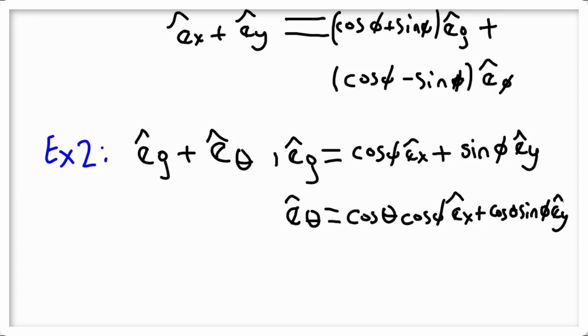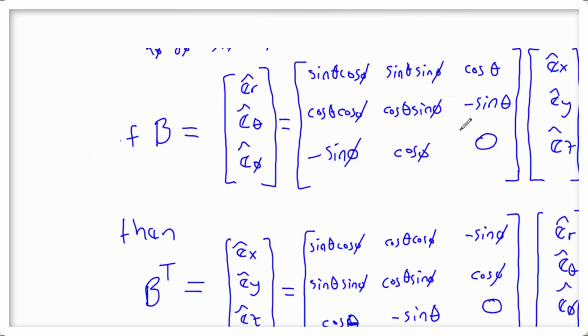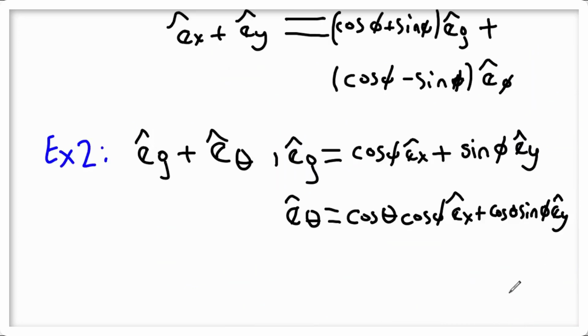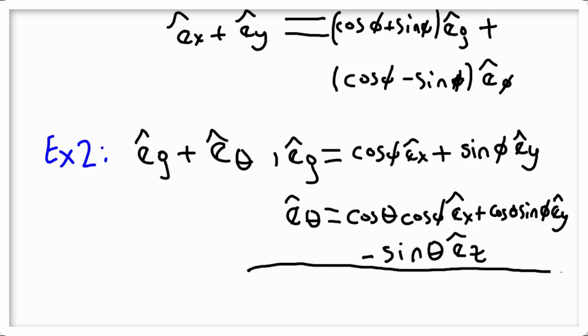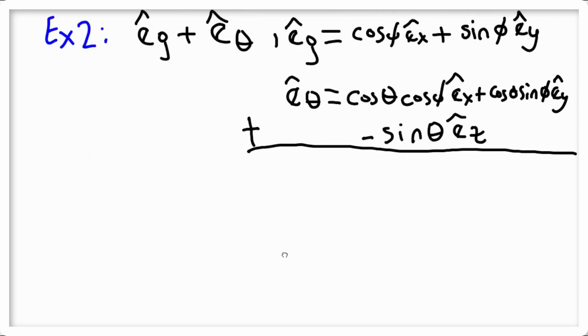Let's see if something has to do with the z part. Unfinished, right? It includes minus sine theta times ez. Now we want the sum of these two. In the same way, we will collect the terms, since e rho plus e theta is equal to cosine phi plus cosine theta.